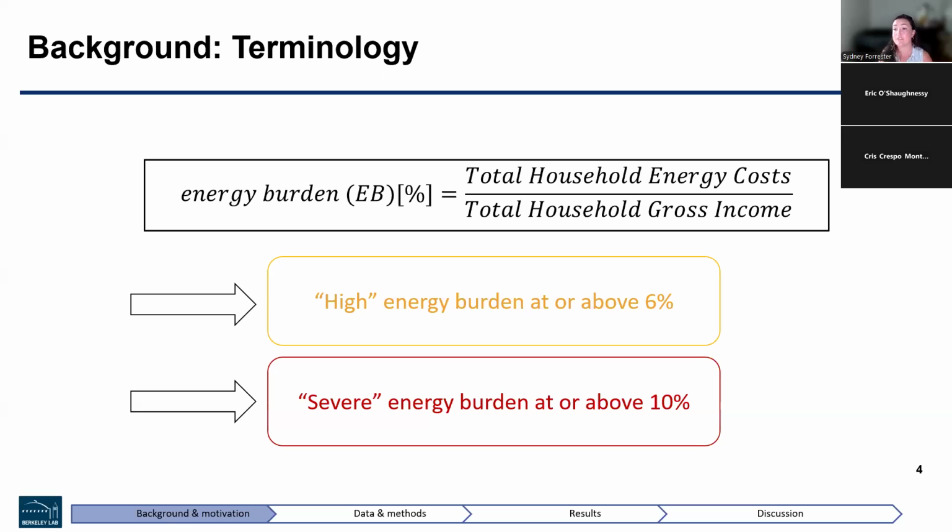So it's important to note that for our study, we do include the costs of solar adoption, even if it is off bill. Here we also state that a high energy burden is defined at or above 6%, and a severe energy burden is at or above 10%, and that's consistent with literature and other definitions in the space.